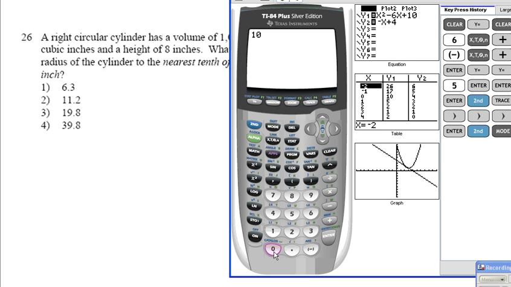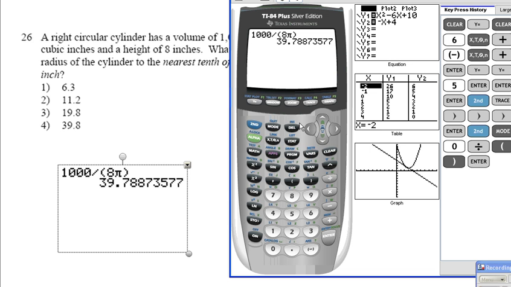So 1,000 divided by parentheses 8 pi. In that way, we realize the whole 8 and pi will be dividing. But here we have to square root it. Square root the previous answer.